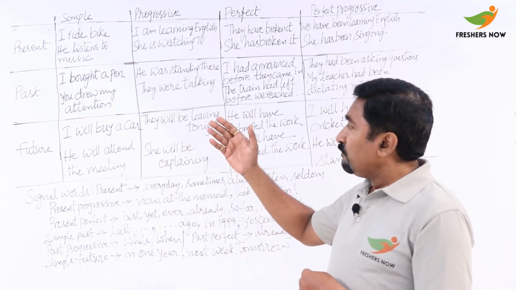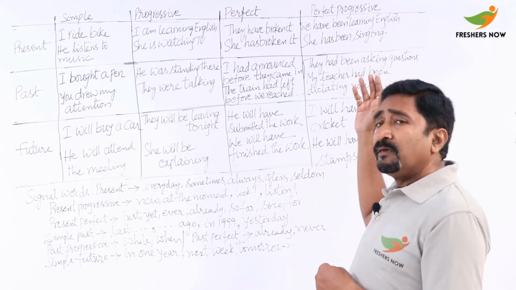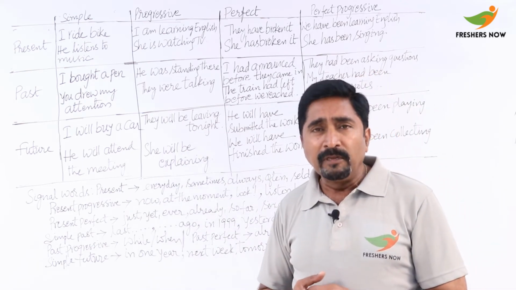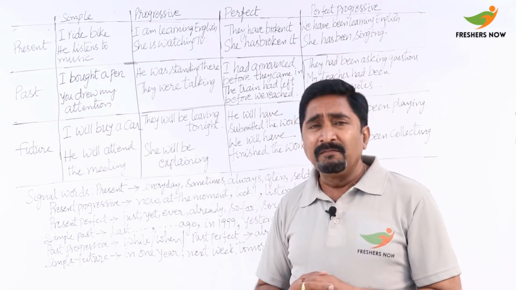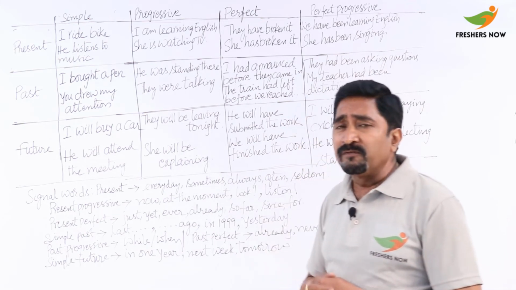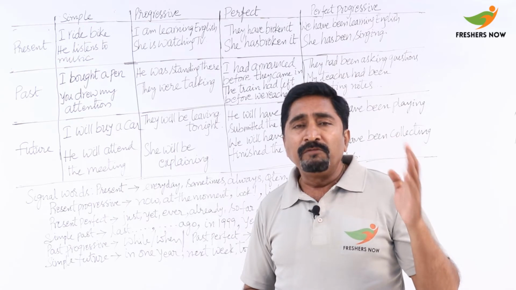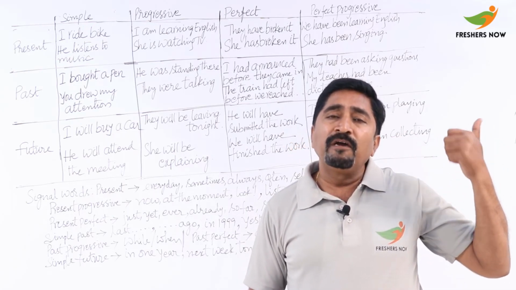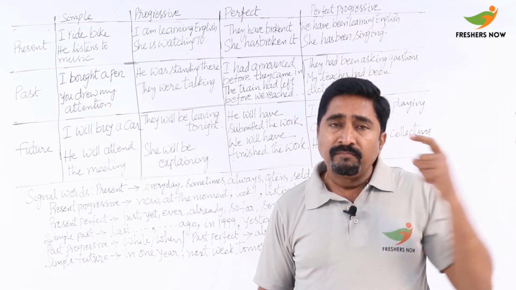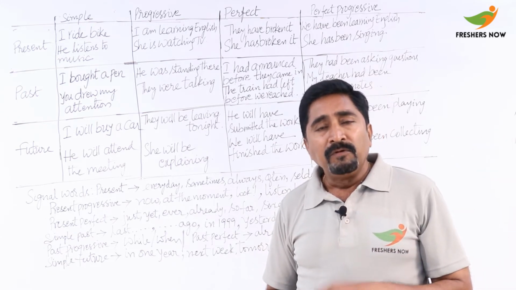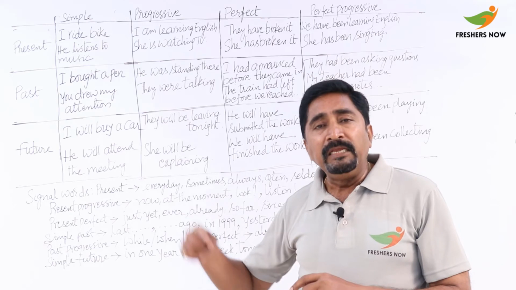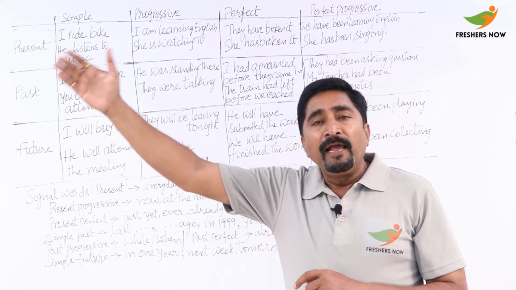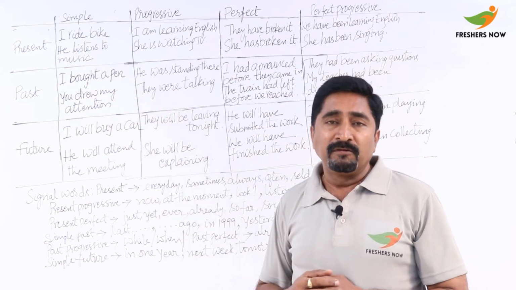Now let's see the last of these tenses, that is the future perfect progressive tense, which is not commonly used, but let us understand how it is used. It refers to an activity that started at some point of time in the past, continues in the present, leads into the future and further continues, and ends at a certain point.